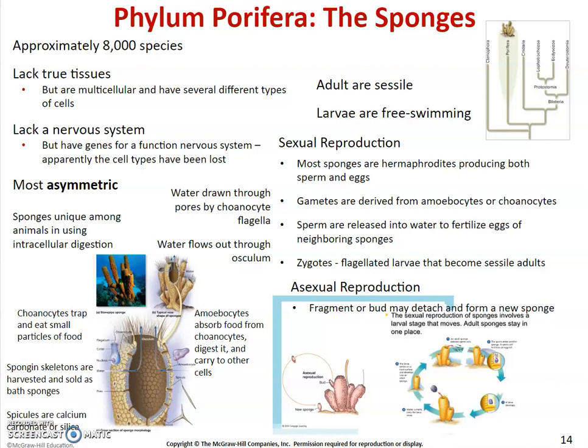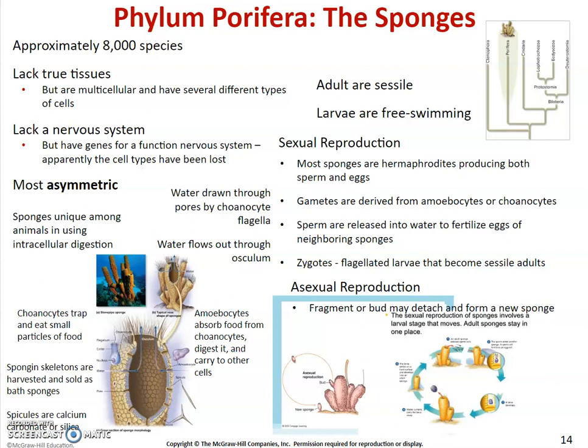Most of these organisms, the sponges, are asymmetric. And so they're also most often asexual. They fragment or bud off new organisms. They can reproduce sexually as well. The sponge itself is hermaphroditic, and so it produces the sperm and the egg, and it releases it out into the water.